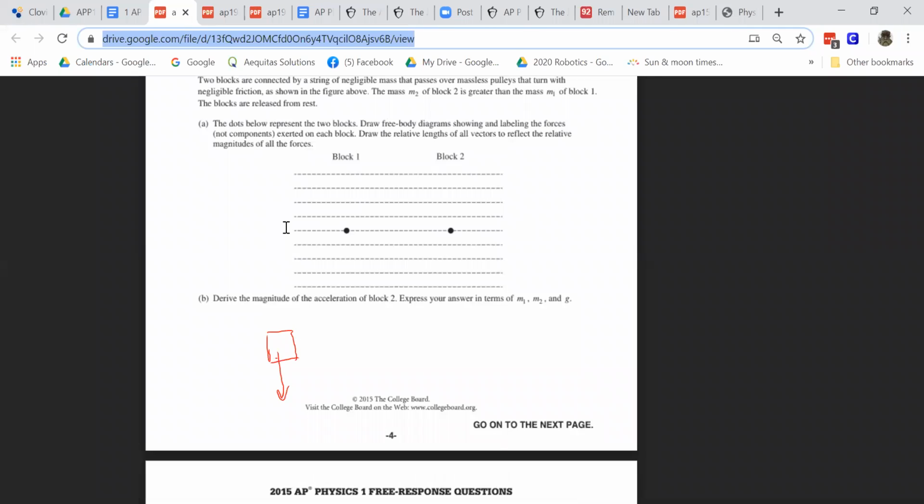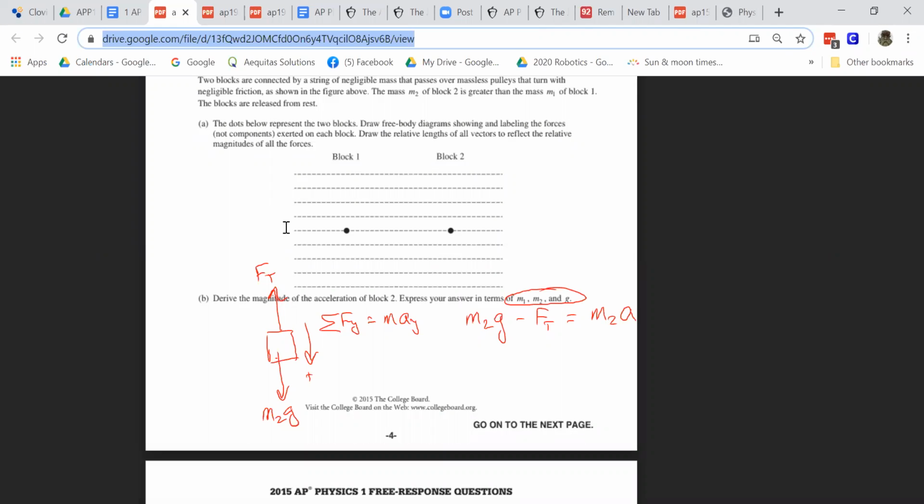So here I have M2 times G, and here I have the tension force. And so if I sum the forces in the y direction equals ma in the y direction, let's make down positive because I know it's accelerating down. So I'm going to say, okay, M2 times G minus the tension force equals M2 times A. Hey, okay, but here's a problem.